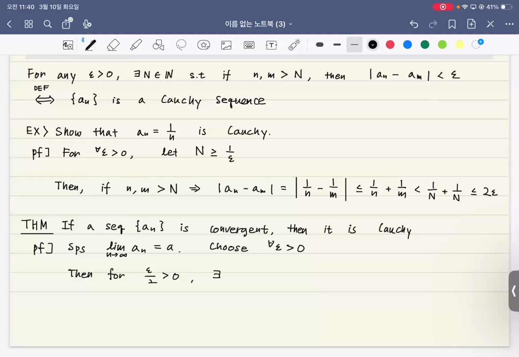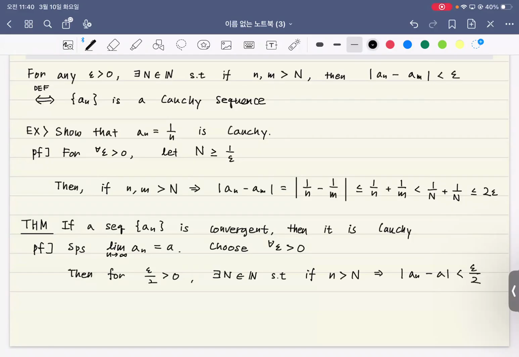So for this epsilon over 2, I can find the integer N such that if n is greater than N, then |a_n minus A| is less than epsilon over 2.